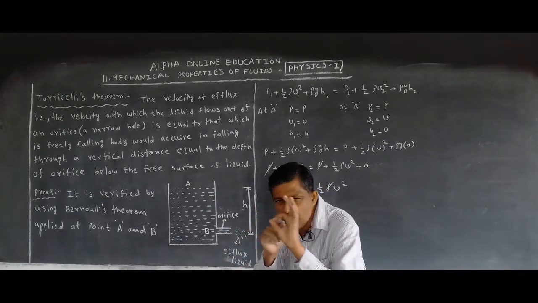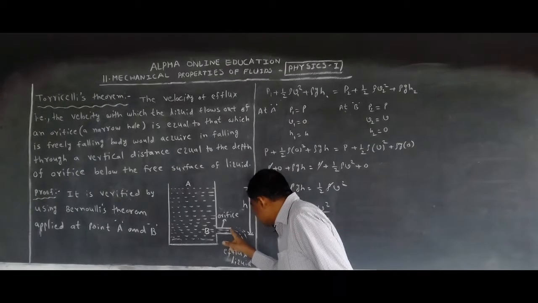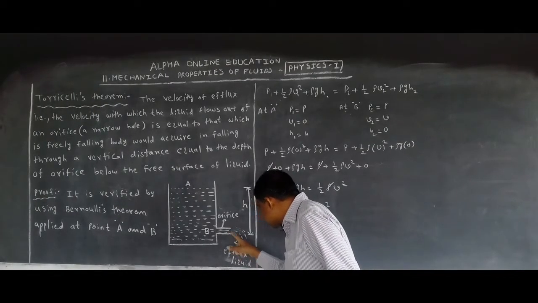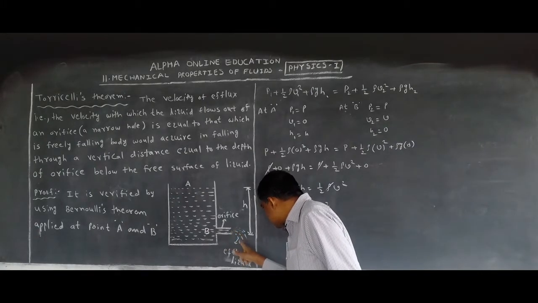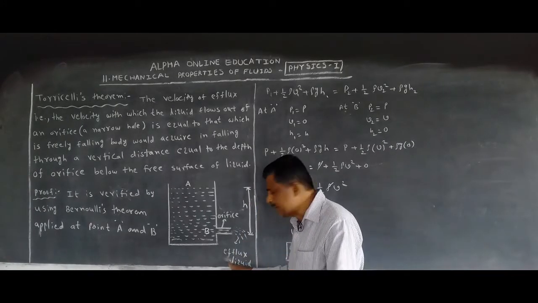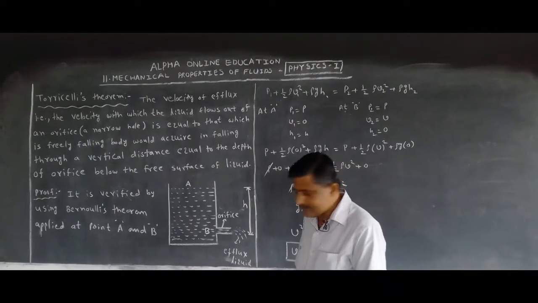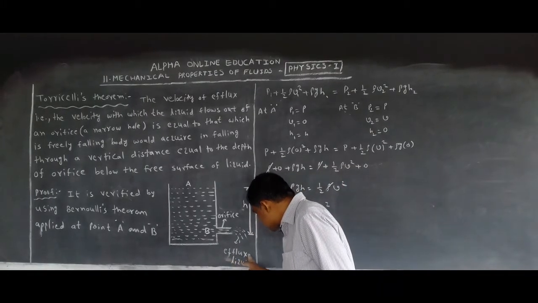Orifice means a small or narrow hole. From the orifice the liquid comes out, whether water or oil, whatever it may be. This liquid is called efflux liquid.